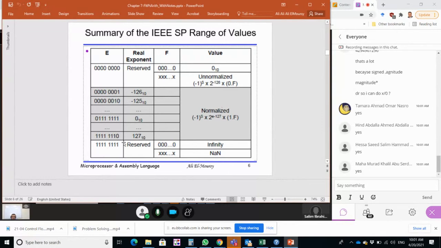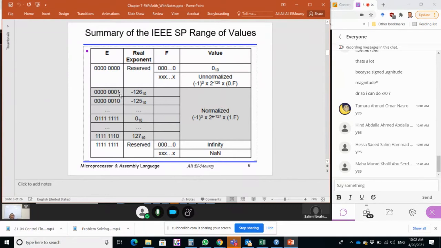We reserve all ones of the exponent and x in the fractional mantissa for not a number. So this leaves for me only the exponent starting from 00000001, then 00000010, then 00000011 up to 11111110, which are the range of normalized numbers. Right? What is the value of the exponent for each of those?